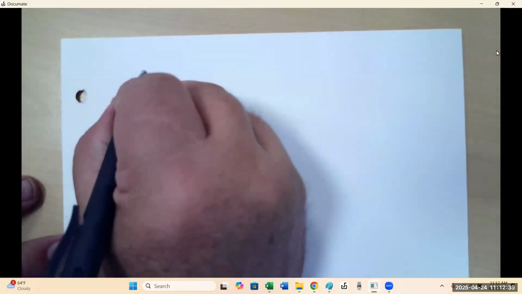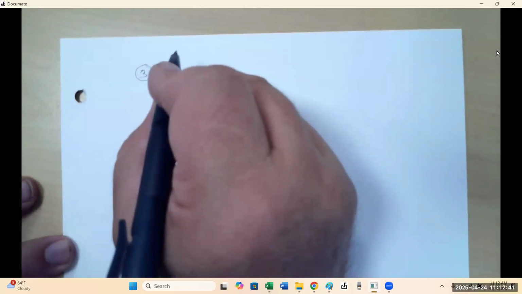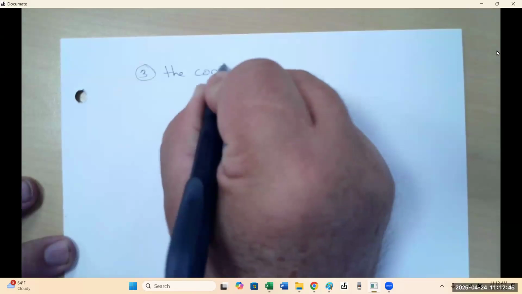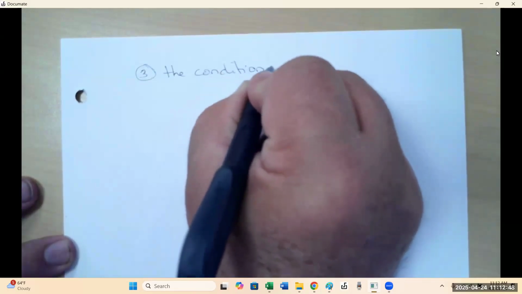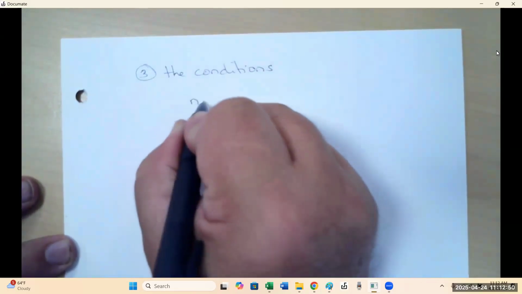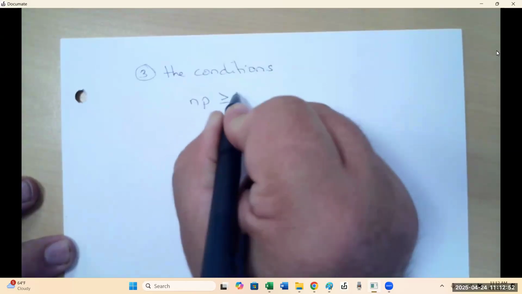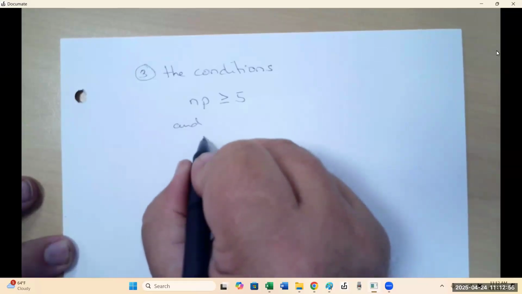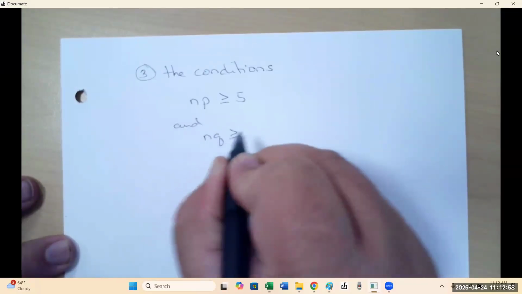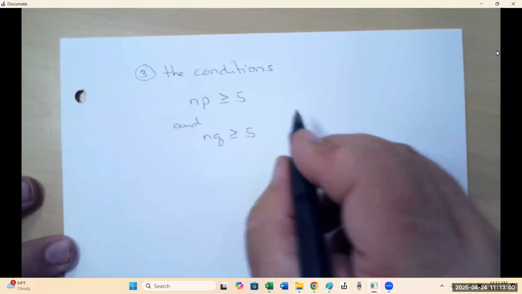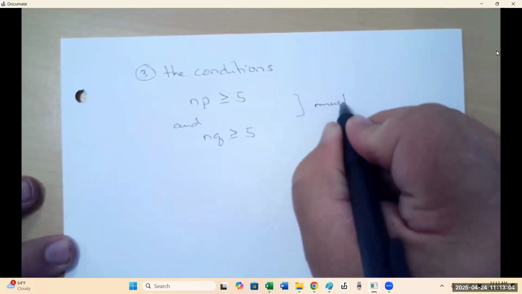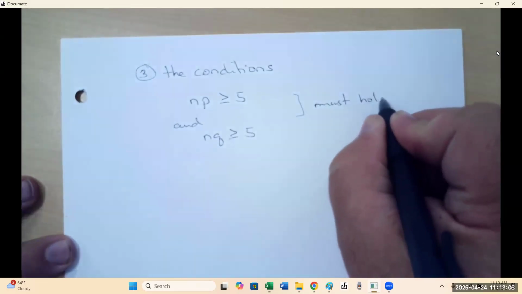Okay, so back to the original list. Number 3. The conditions n times p greater than or equal to 5 and n times q greater than or equal to 5 must hold.